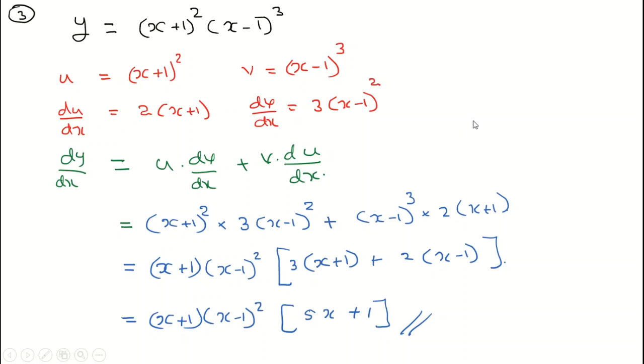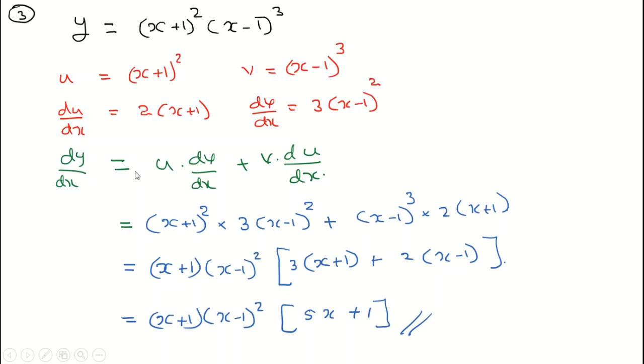y equals x plus 1 squared into x minus 1 cube. u is equal to x plus 1 squared, v is equal to x minus 1 cube. So du over dx is 2 times x plus 1 to the power 1. dv over dx is 3 times x minus 1 to the power 2.